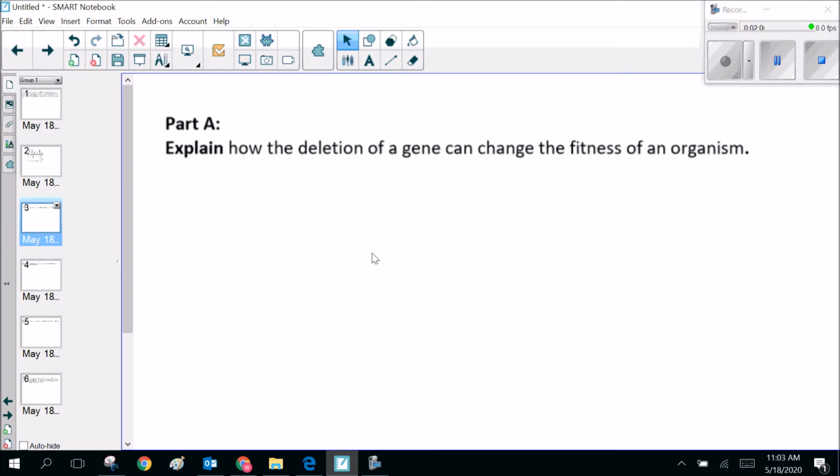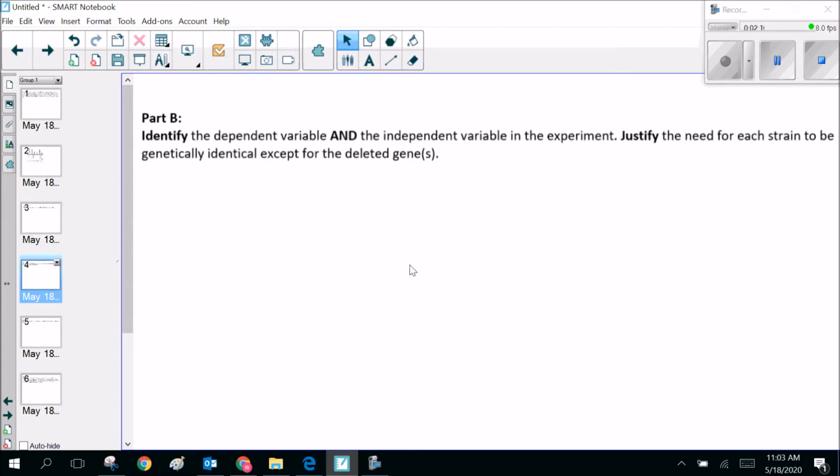Usually, not always, but usually, part A of the problem is going to be rooted in the content knowledge to talk generally about whatever it is that you're looking at. Part B is going to be more contextual in terms of the graph, so it's going to be asking you to go in and figure out, can you analyze the graph or the figure? Can you read it? Can you draw conclusions based off of data?